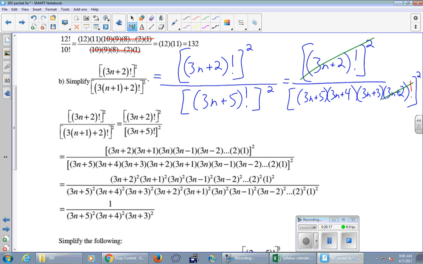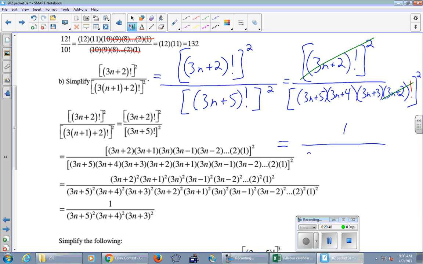The only thing I've not been careful about so far is the fact that there have been squares everywhere. Well, the (3n plus 2) factorials were both squared, so they both really cancel. The only thing I need to make sure I do is square everything that's left over. What number am I putting on the top? 1. Everything canceled, got to introduce the 1.